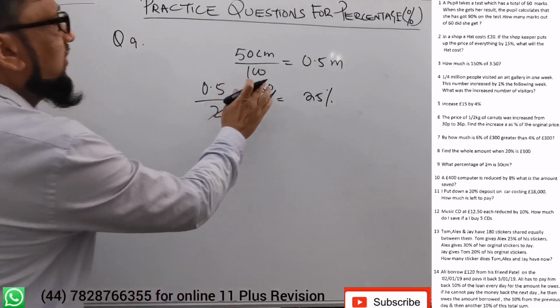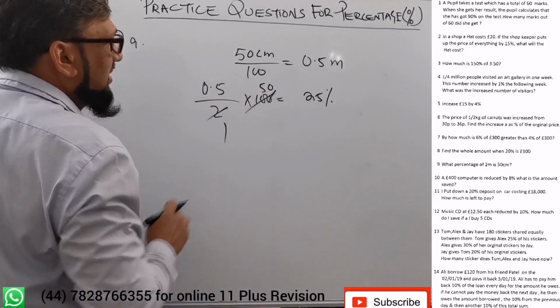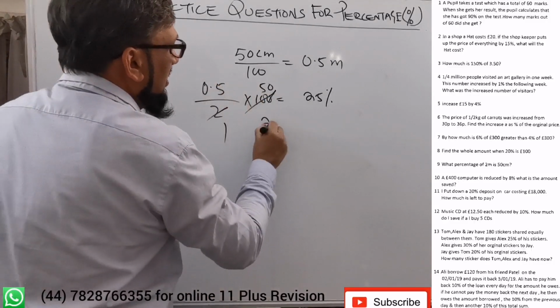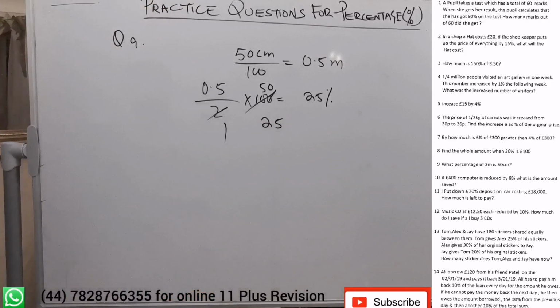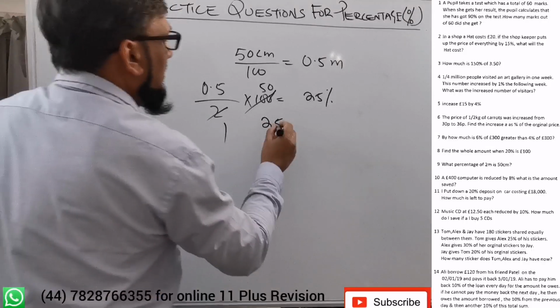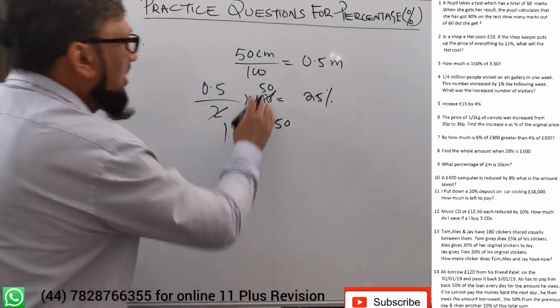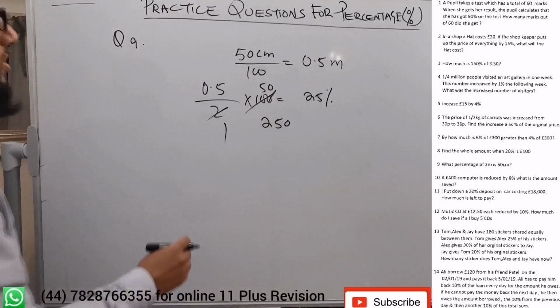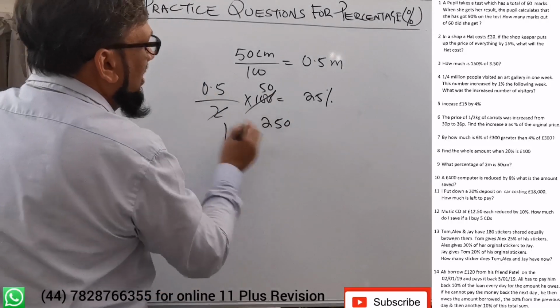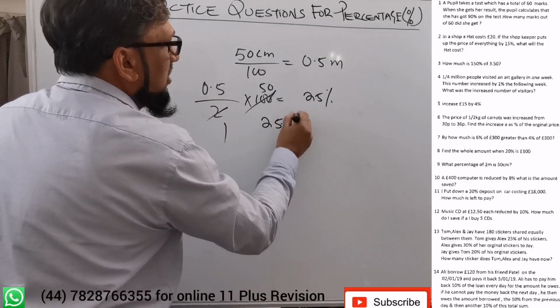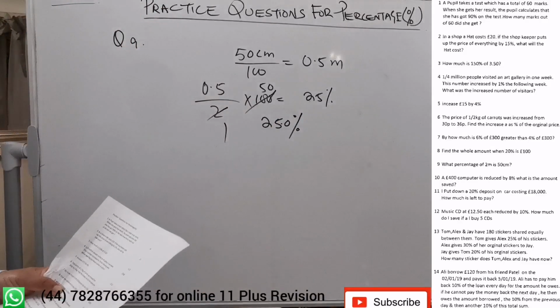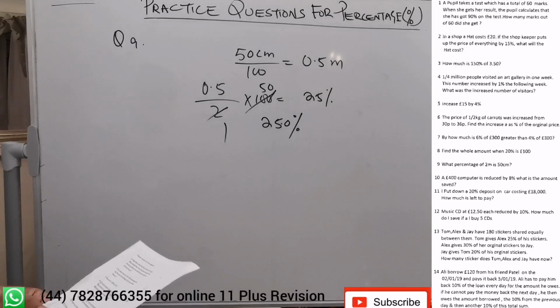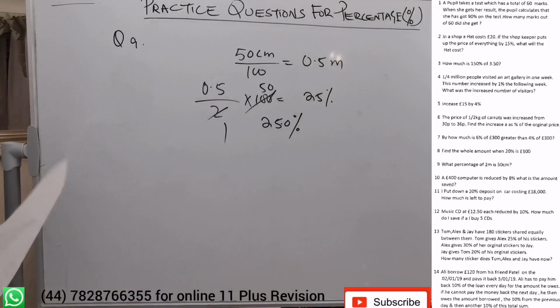And 50 times 5, 5 times 5 is 25, and this 0 is 0. How many decimal places? 1. So put the decimal place here, so you will get 25%, which is 50 centimeters on 2 meters.